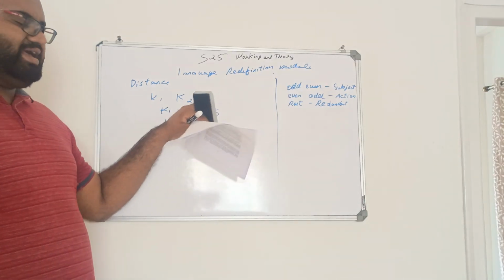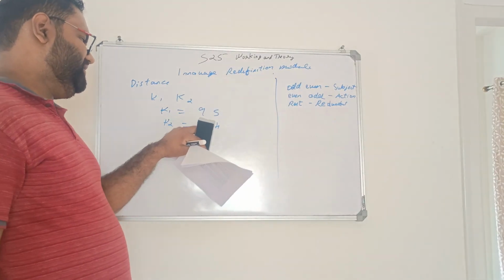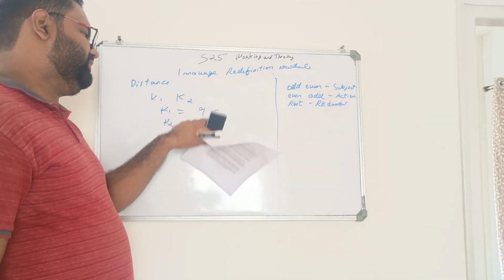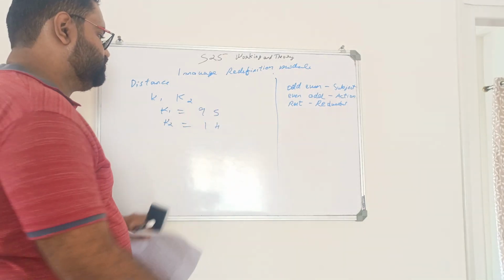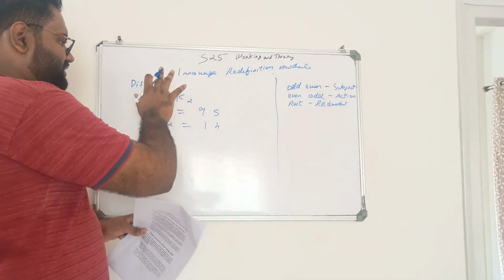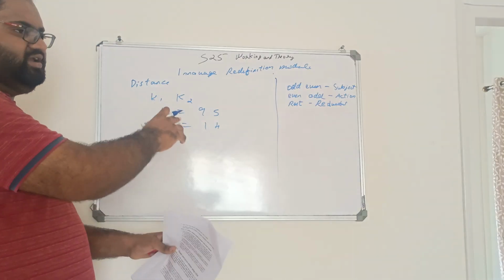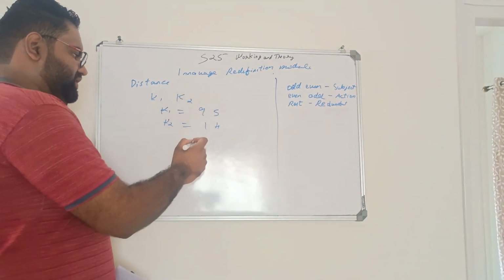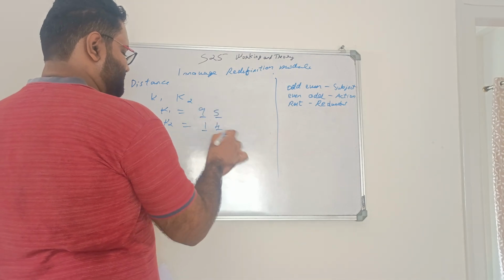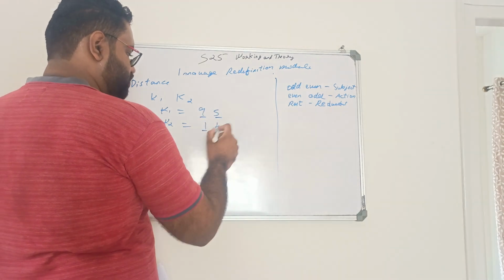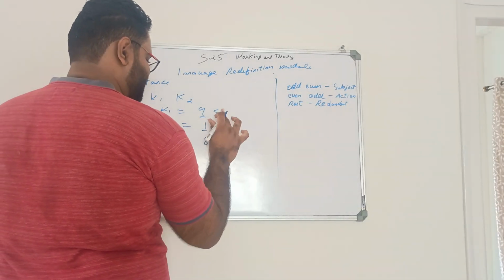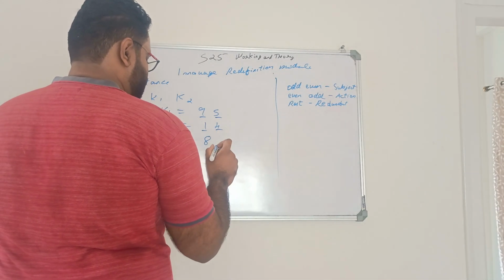When we look at the actual difference, we get 9 minus 1 and 5 minus 4, so something like 8, 1. When we are looking at absolute distance, we take every digit individually, and then everything is added up. So we have 9 minus 1, which is 8, and 5 minus 4, which is 1.